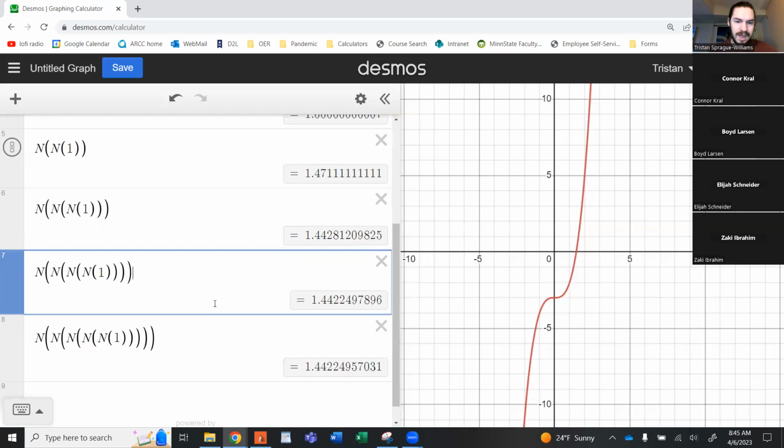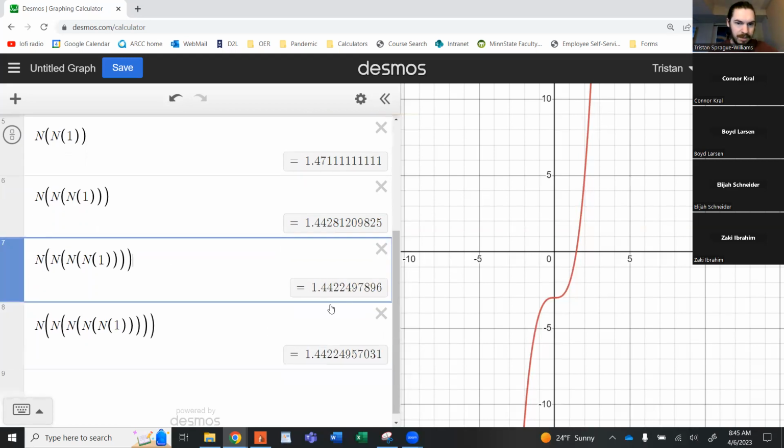Since these numbers are now repeating themselves out to the 6th decimal place, we can say this approximation is accurate to 6 decimal places, because the error is less than that. Does that make sense? The difference between these guesses doesn't appear until the 7th decimal place.